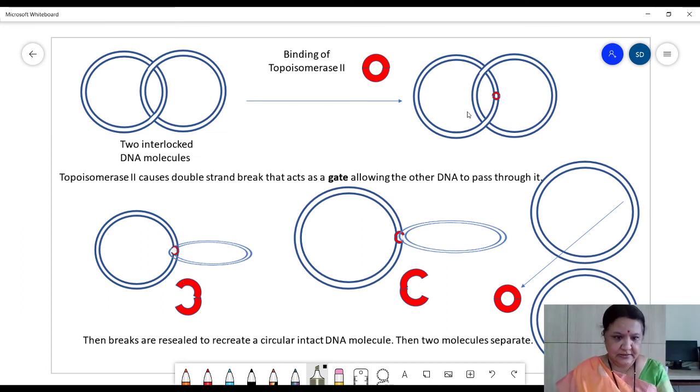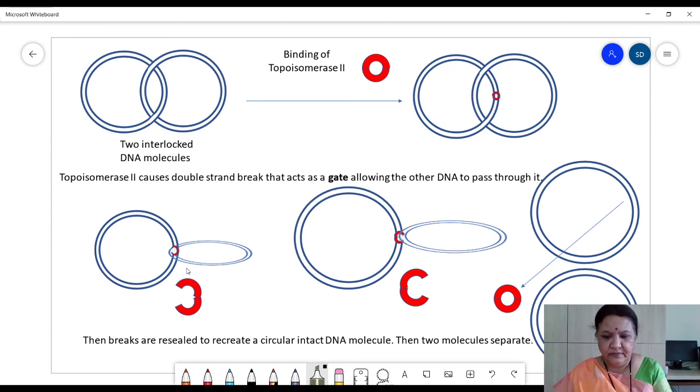Once inserted in the DNA molecule, it cuts and acts as a gate, and through this gate the other DNA molecule exits this way. This is how this gate is working.